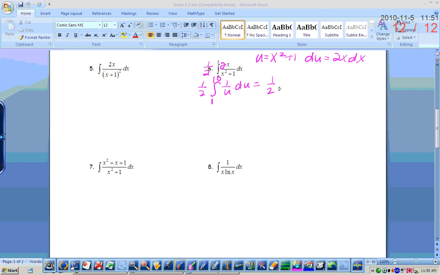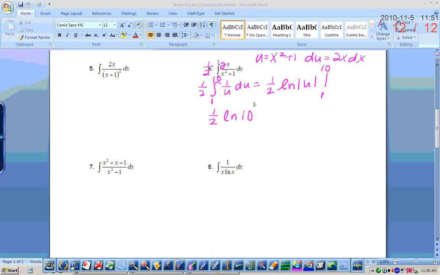Okay, so 1/2 integral of the natural log of u. I don't need the plus c because I'm evaluating it from 1 to 10. Which one do I plug in first? The 10. So 1/2 natural log of 10. Do I need absolute values around the 10?